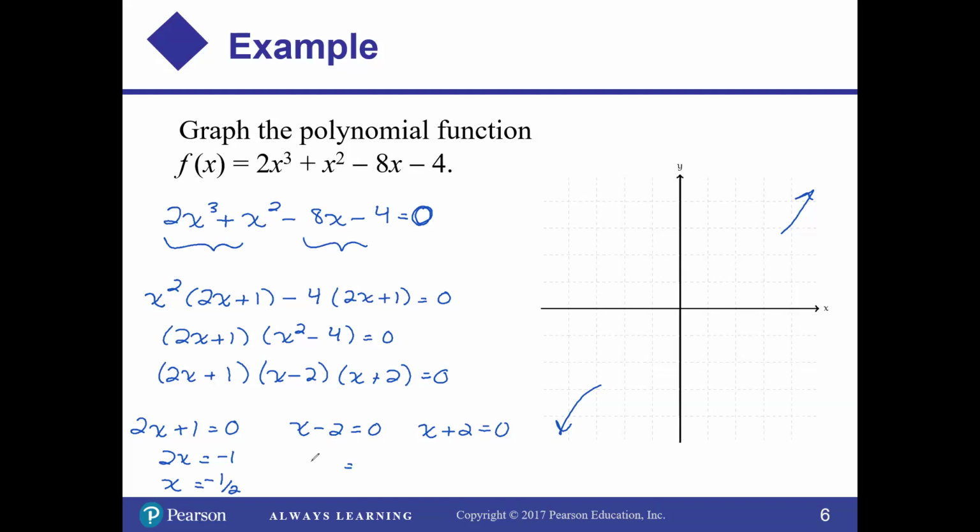The other one will be at x equals 2, and the other one would be at x equals negative 2. Okay, so let's just graph these on here. Let's say this is 2, this is negative 2 here. So we have one at this spot, one at this spot, and then we have one at, was it negative 1/2? So right here.